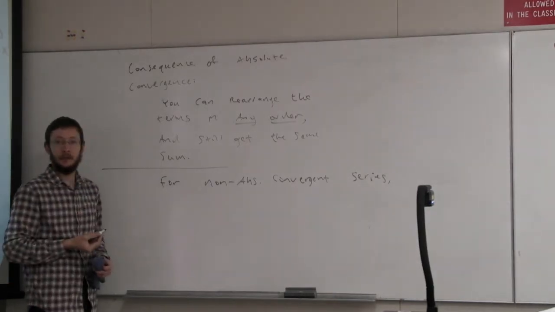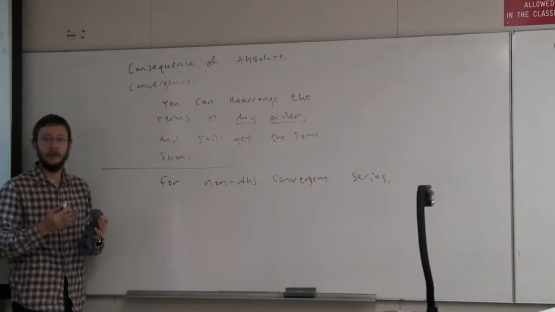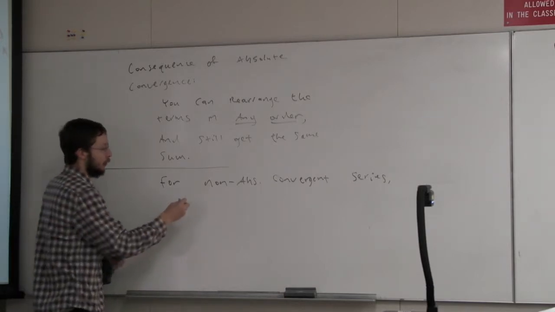In a non-absolutely convergent series, after rearranging in some special way, you can get it to converge to any number that you want to.